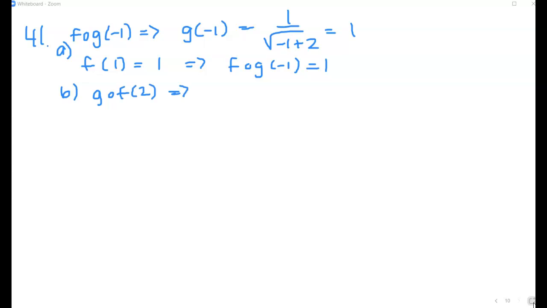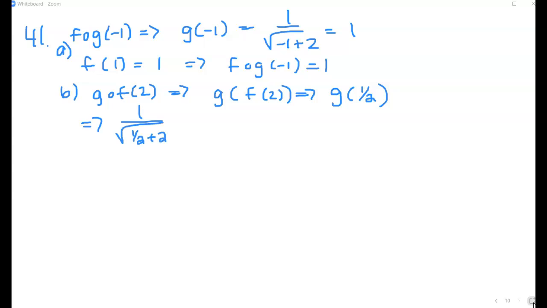G of f of 2 is the same as finding g of f of 2. So f of 2 is 1/2. So this is like finding g of 1/2. So you get 1 over the square root of 1/2 plus 2.